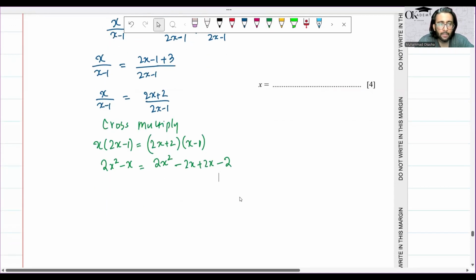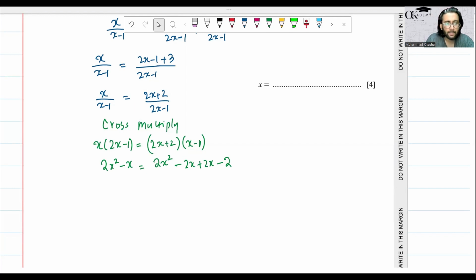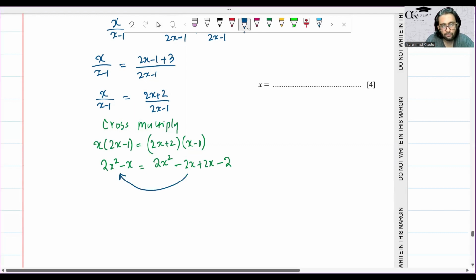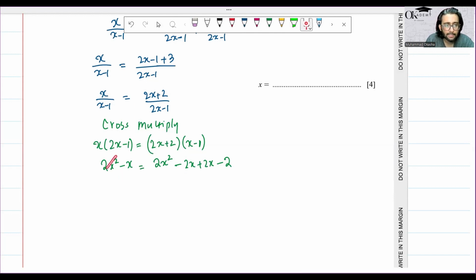Okay. I think x is equal to 2. Right, so what will I be left with? Let's send everything over to one side of the equation. Or if you're smart enough to know that you can cancel out 2x squared from both sides, because if this comes over to this side, this becomes a negative 2x squared.